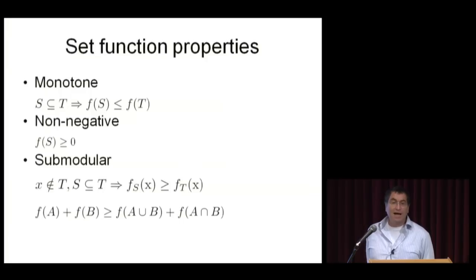Sometimes it's also defined formally by the last line there, that f(A) plus f(B) is larger than f of the union plus f of the intersection. This is an equivalent definition but much less intuitive, so we'll use the marginal value definition, which has better intuition.